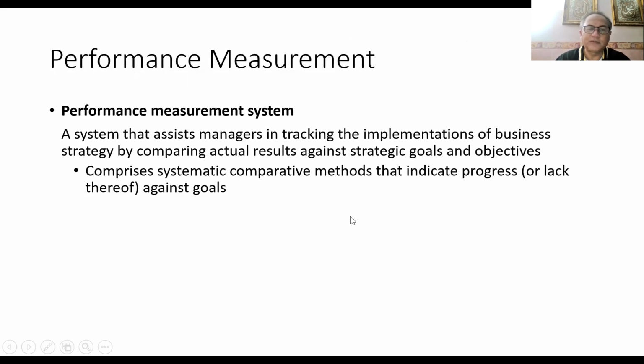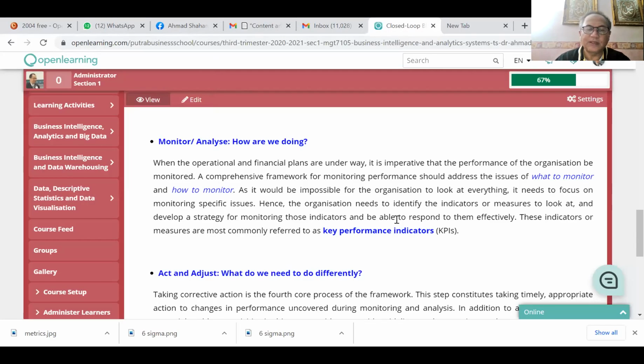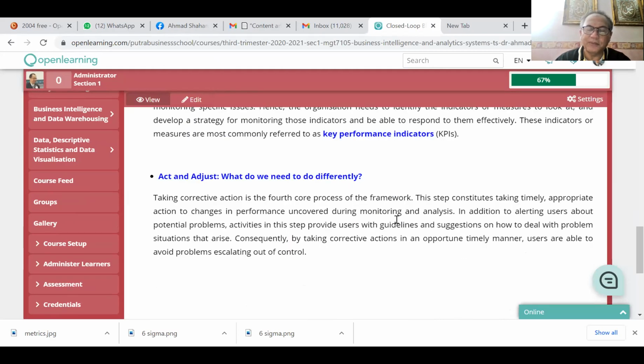So what are the chances of failure? Let's see in your planning. You read your open learning; open learning is quite detailed. You need to take corrective action, which constitutes taking timely, appropriate action to changes in performance uncovered during monitoring and analysis.